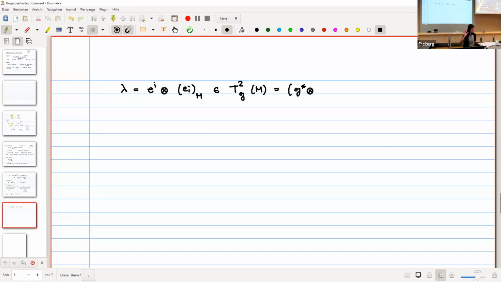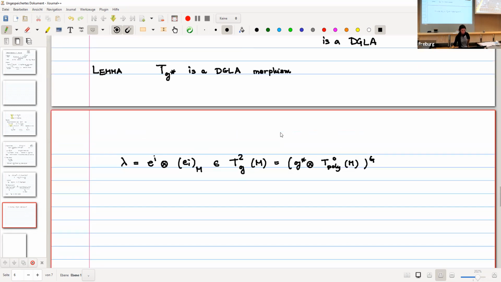And then you have the action part. So this is T poly 0 and then G-invariant. What can we say again now about this morphism, how does it behave with respect to lambda?